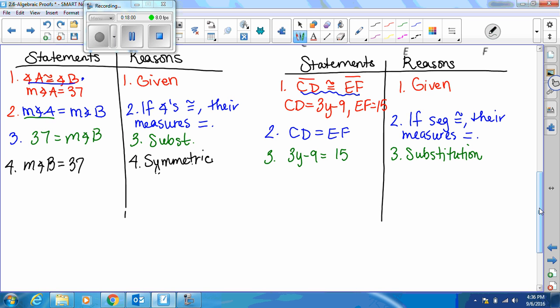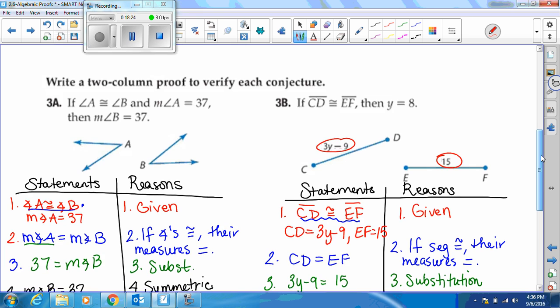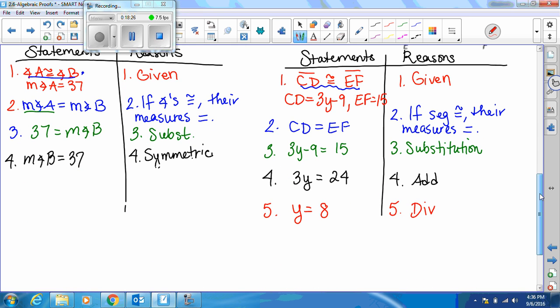And now we can start solving. So I got that by doing addition. And I got that by doing division. And that's what it's asking for. It's asking us to prove y equals 8. And we did that, so we're done.